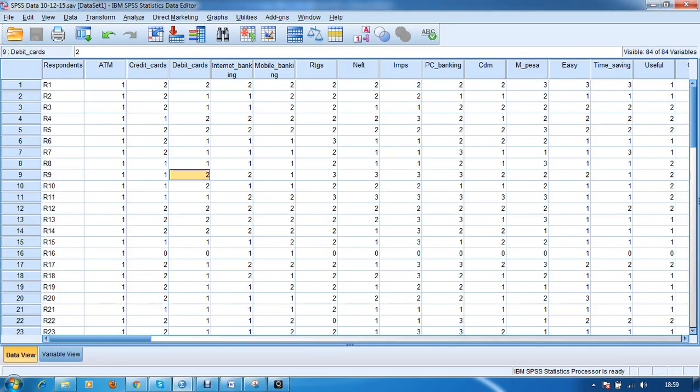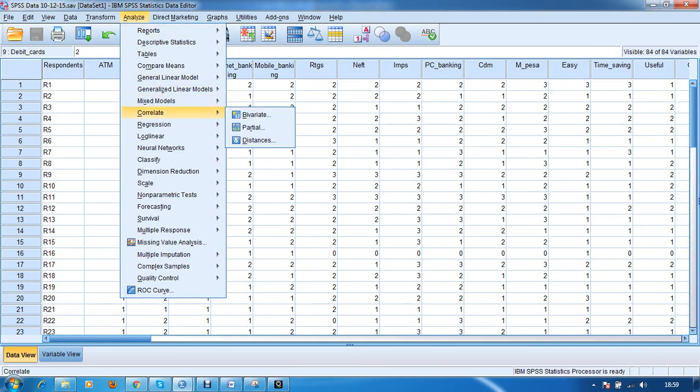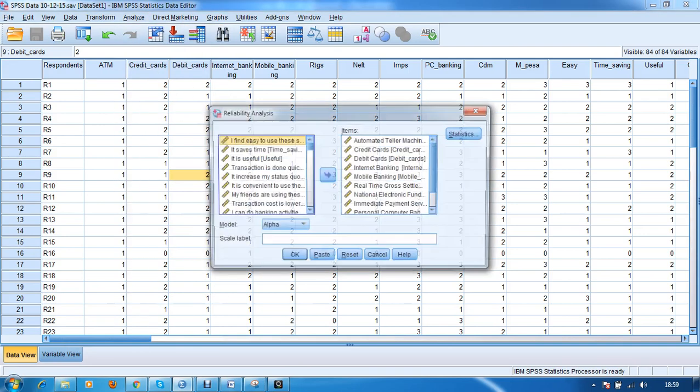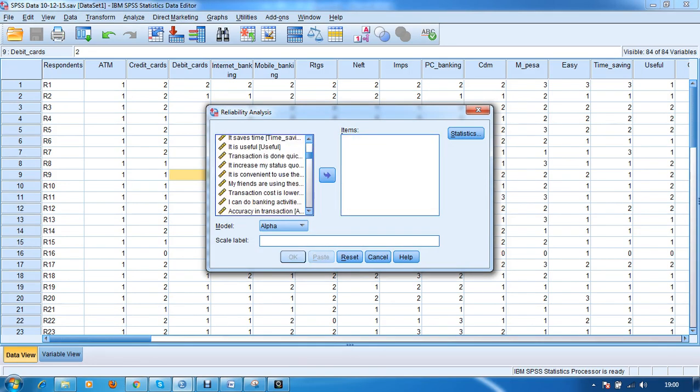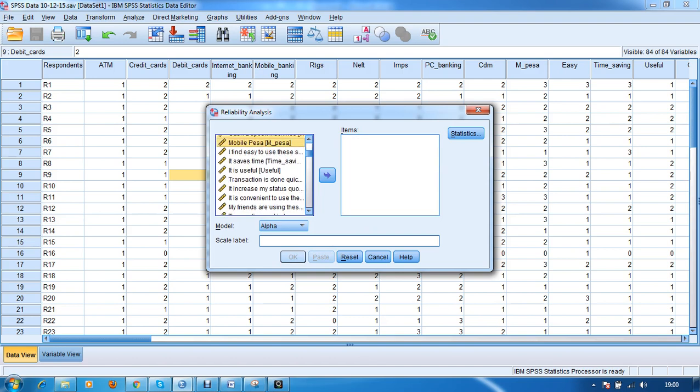Next, we again go to scale and then click data. Now we want to check the next question, where I have included almost 33 variables in order to determine why consumers are using technology-based banking deliverables.